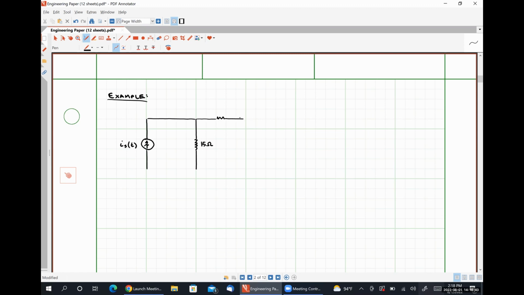Up here, we will have a 5 ohm resistor. Here we have a 20 millihenry inductance, and connected in parallel to that 20 millihenry inductance will be an 80 ohm resistor.